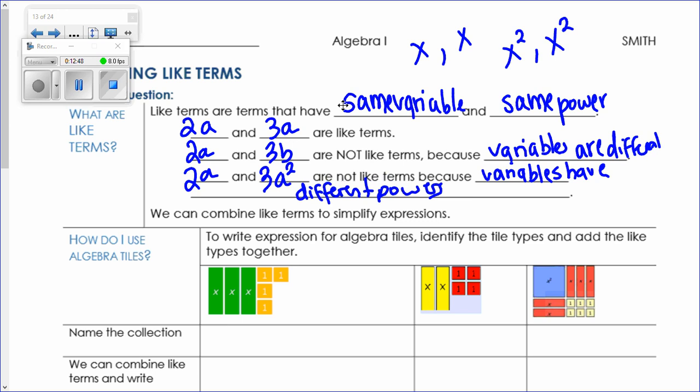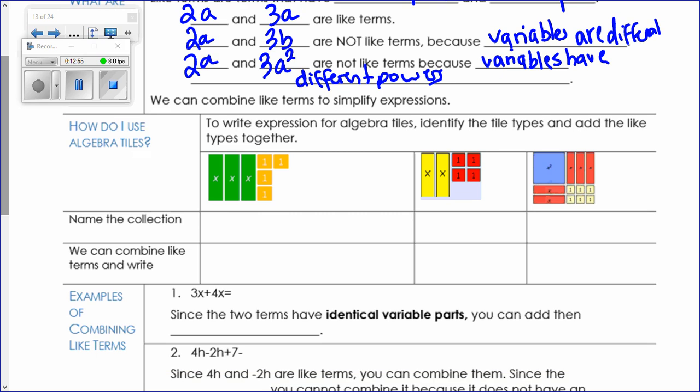The next part, we're going to learn how to use algebra tiles. Okay? So to write expressions for algebra tiles, we identify the tile types and add the like types together. So first we're going to name the collection. I have 3 x tiles, and I have 4 1s. So I'm going to write 3 x's plus 4.